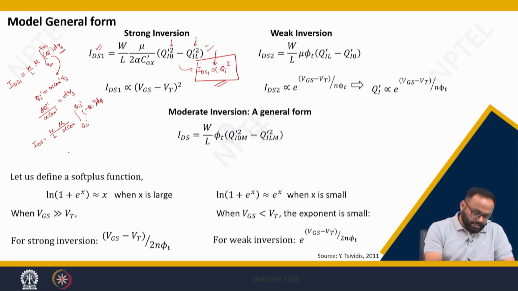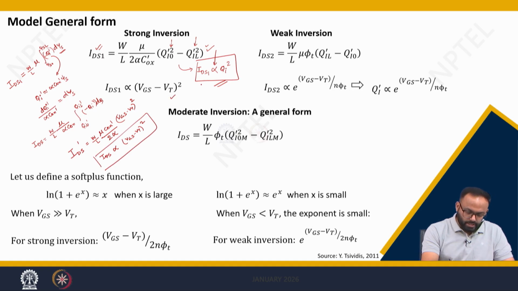The second thing is, we know that the drift current equation in strong inversion can be given as, let us say, IDS dash equals W divided by L into mu into Cox dash, Vgs minus Vt whole square, divided by 2 into alpha. So I can simply say this IDS is directly proportional to Vgs minus Vt whole square.